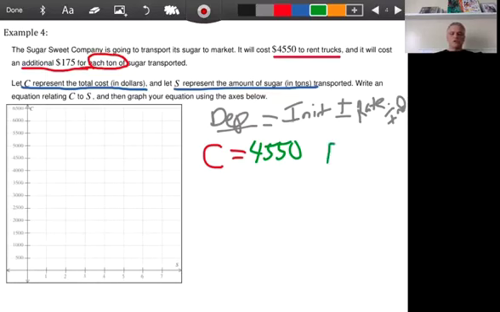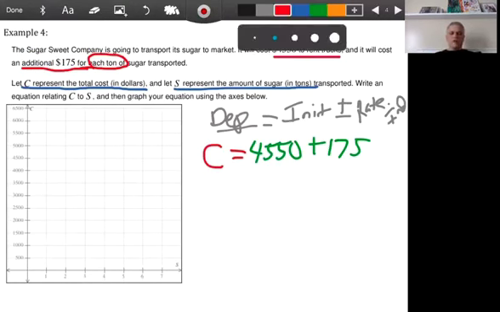So I know that there's going to be a 175. Is it going to make your cost increase or decrease as you get more and more tons? Well, it says additional. So we're adding $175 for every ton of sugar, and S represents the tons of sugar. So there we have our equation.